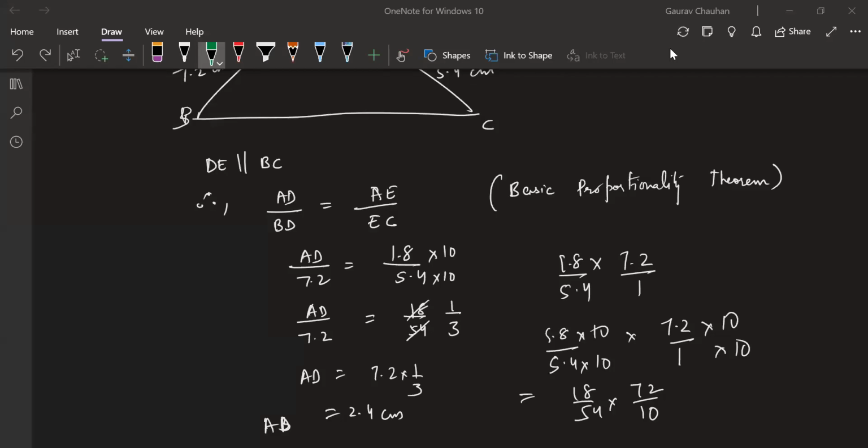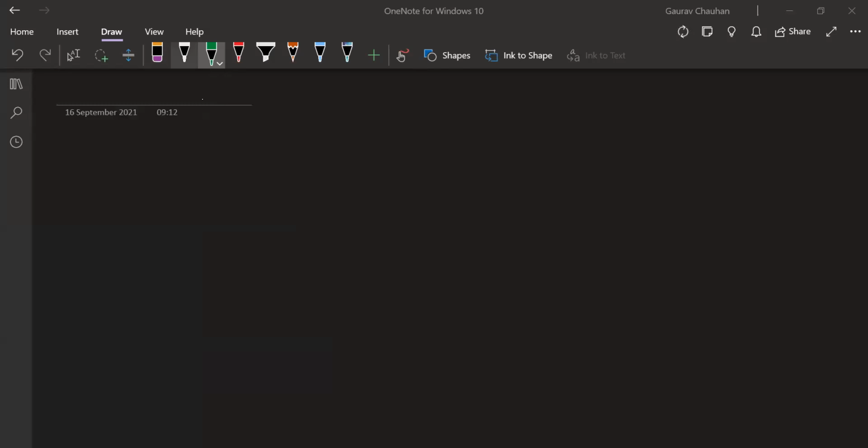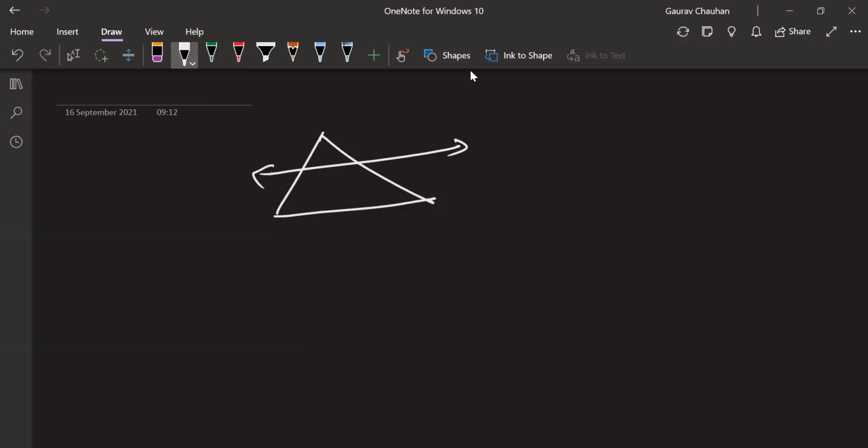All right, yesterday we saw the basic proportionality theorem, and let's quickly recap what it was. In the basic proportionality theorem, you were given that a line is drawn parallel to one side, and it is intersecting the other two sides at any two distinct points.